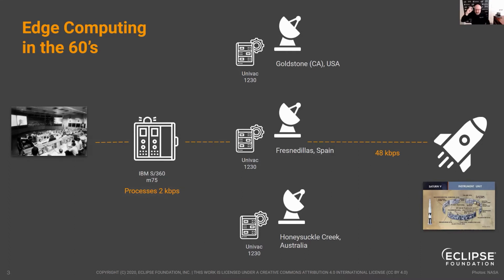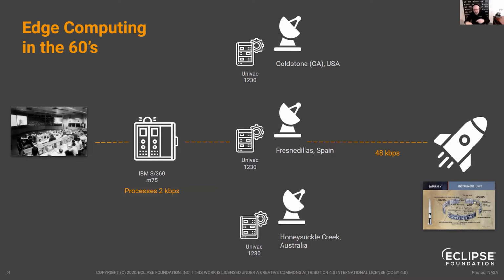And on site with each of those antennas, they had UNIVAC mainframes that were collecting the data stream from the spacecraft, and this covers the command module, the service module, and the lunar module, so all 3. Those were 48 kilobit per second links, from the spacecraft to the antennas.